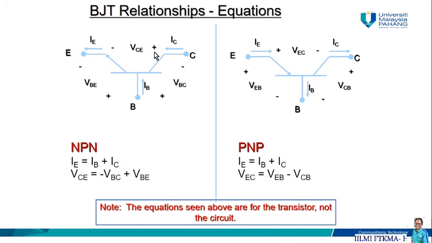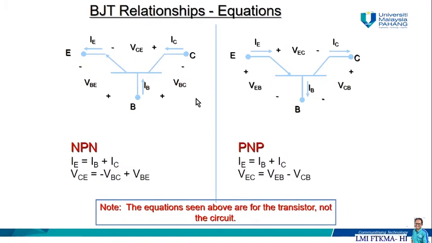If we assume that this transistor is one complete loop, we should get that VCE is equal to negative VBC plus VBE. Let's say that this is one loop. So negative VBC plus VBE, we are going to get VCE.